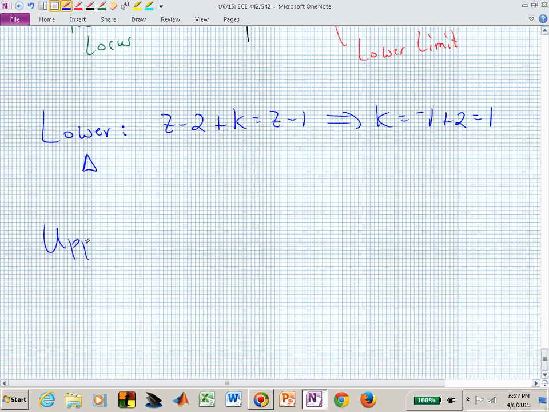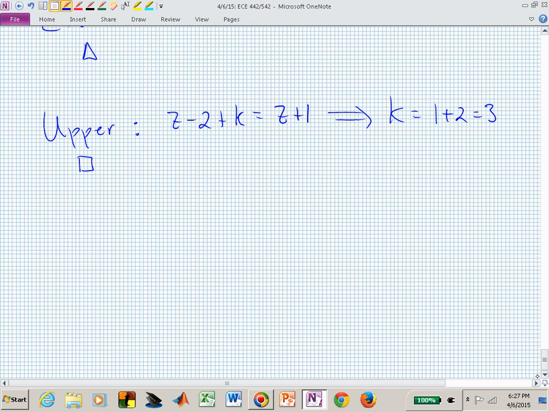The upper value of gain k is when z minus 2 plus k is equal to z plus 1. This is now k is equal to 1 plus 2, or 3. And those are our two limiting values on stability for our proportional controller.